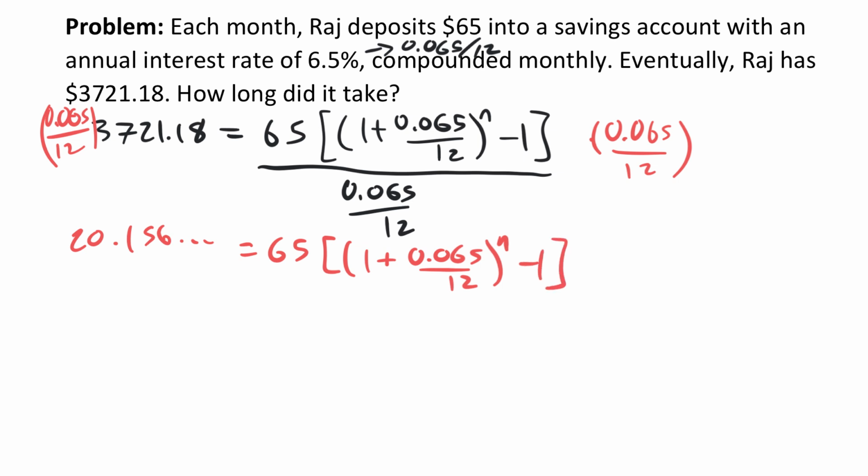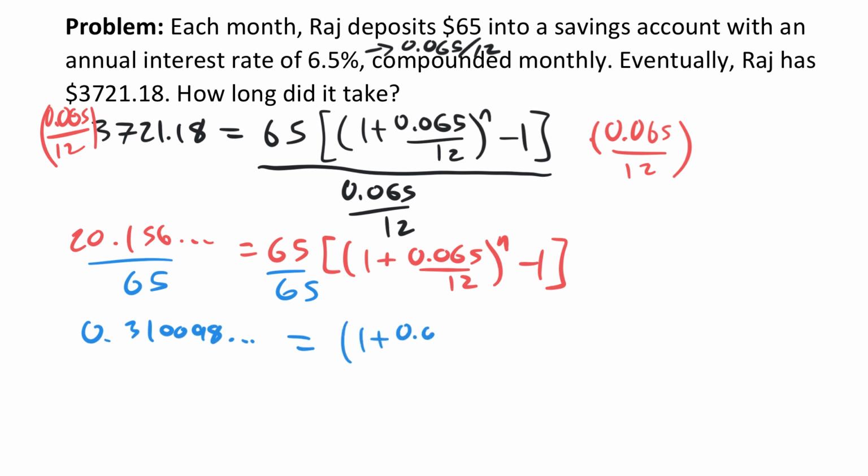Then I'm going to divide by 65. So that's going to give me 0.310098 and so on equals 1 plus 0.065 over 12 to the n minus 1. Plus 1 to both sides.